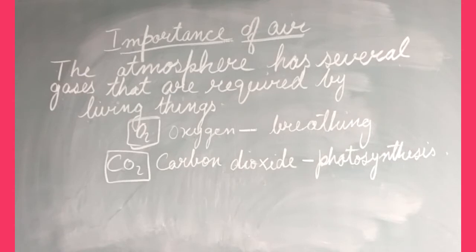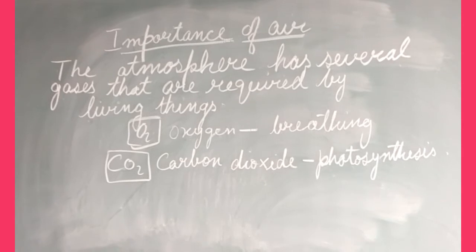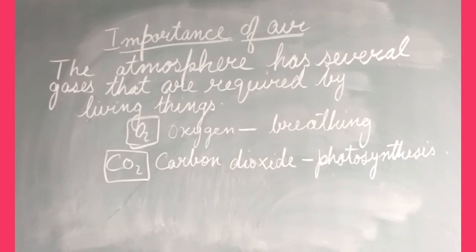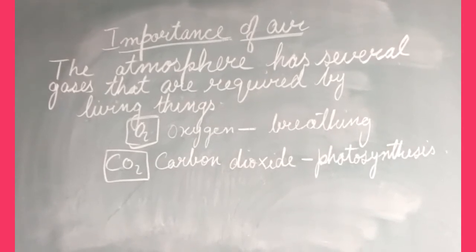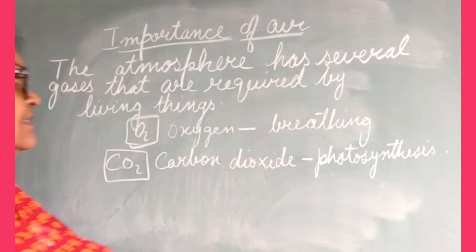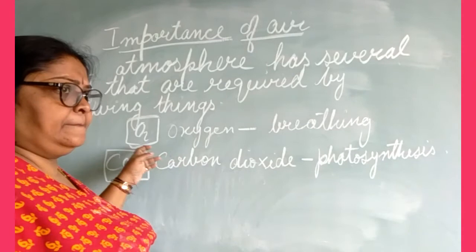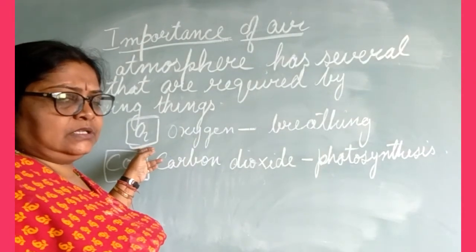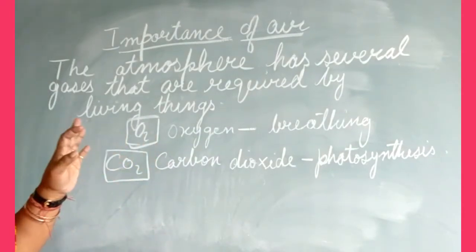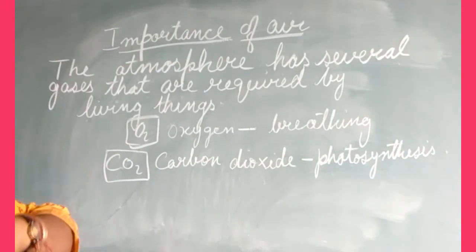The atmosphere has several gases that are required by all living things. First, oxygen is used for breathing. All living things breathe, and they take oxygen. This is O2, and we find this oxygen in the atmosphere.